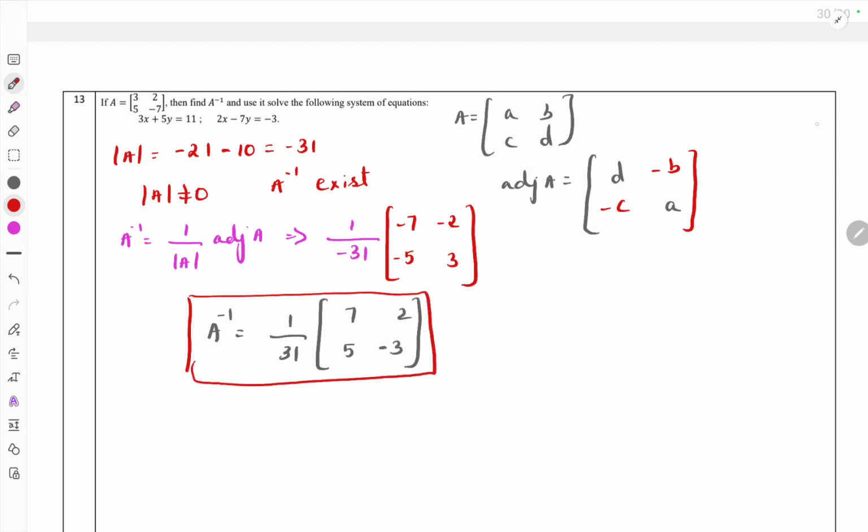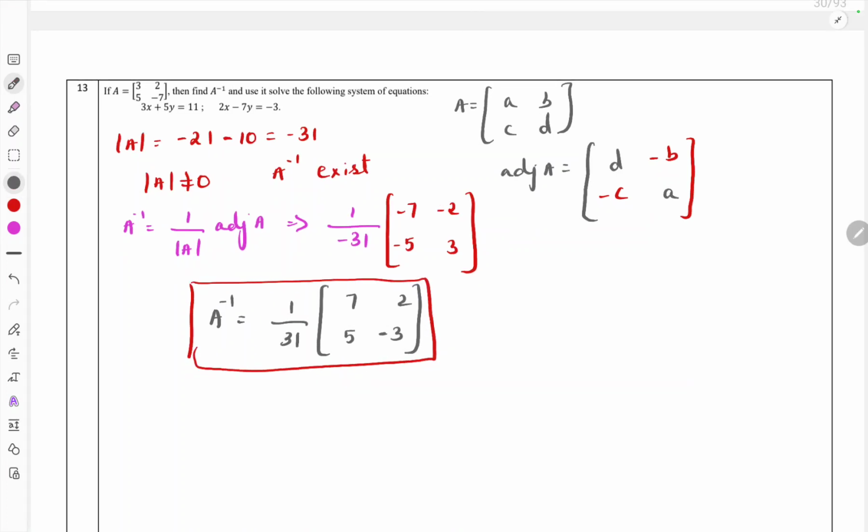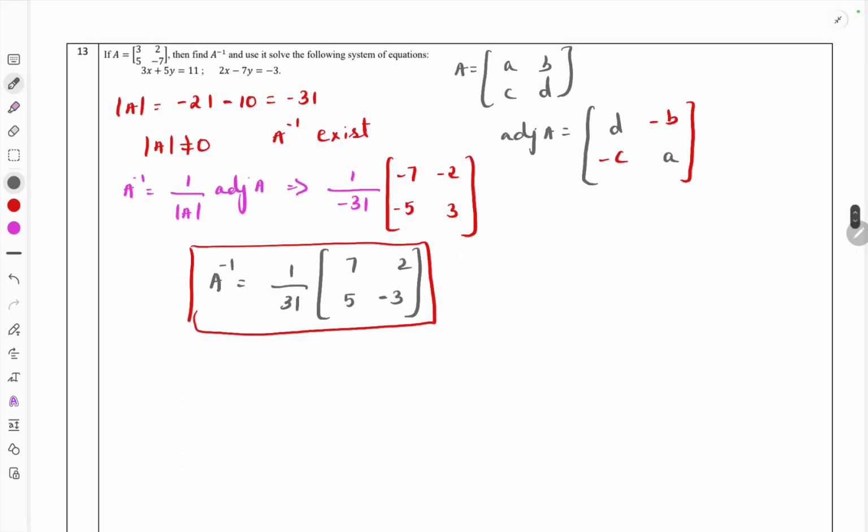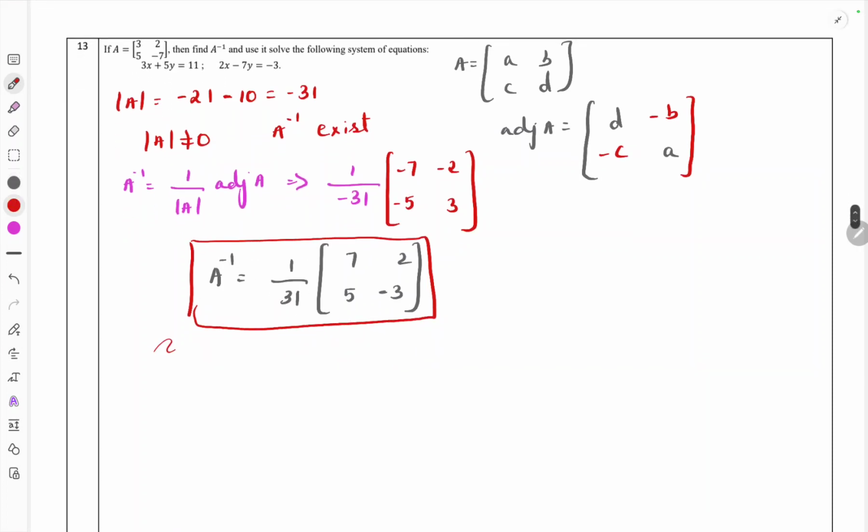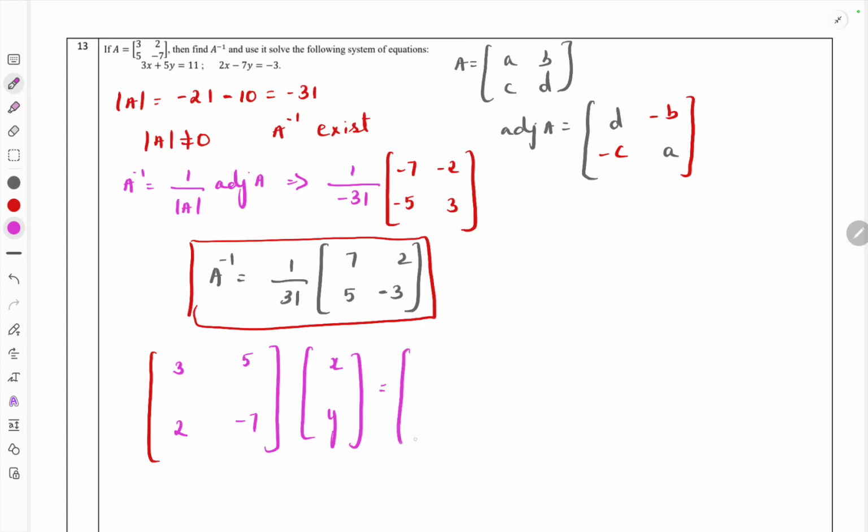Now we have to solve this system of equations, 3x plus 5y equal to 11. This can be written like this. In the first column I am writing the coefficient of x, which is 3 here and 2 here, and here it will be 5 and minus 7, into x, y, and it is equal to 11, minus 3.